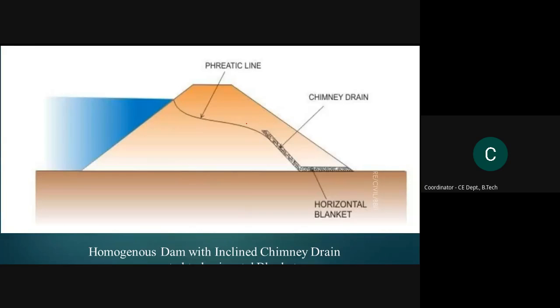So here a chimney drain is provided. This is an inclined chimney drain and this is a horizontal blanket. This is also a drainage actually. This is a horizontal drainage and this is an inclined drainage. So this is called a chimney drain. This is called a horizontal drain.